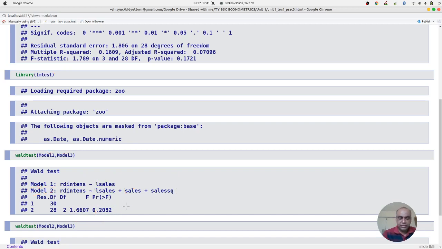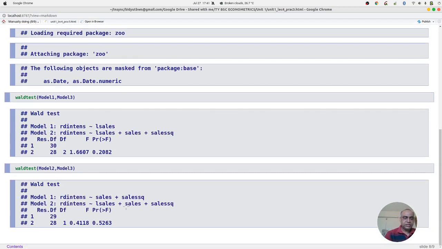The same F test for checking the contribution of the additional variables can be done with respect to model 2 and model 3. Look here, model 2 is RD intense regressed over sales and sales square, and model 3, the hybrid model, is RD intense regressed over log of sales from the first model, and sales and sales square from the second model.